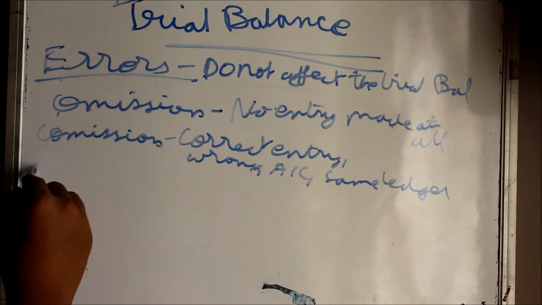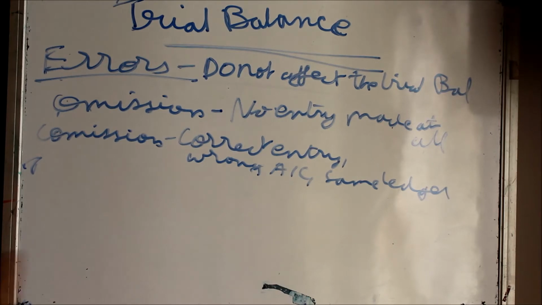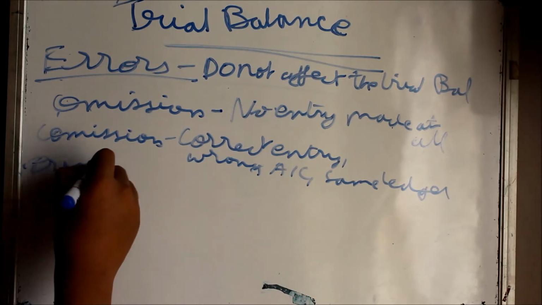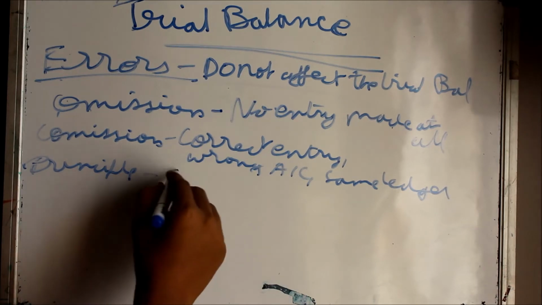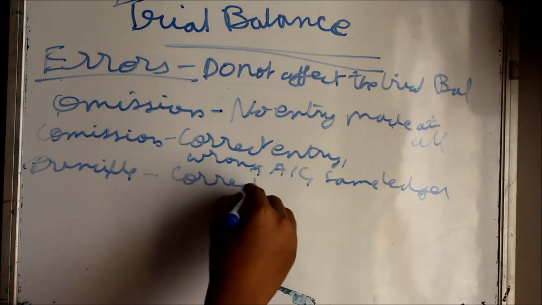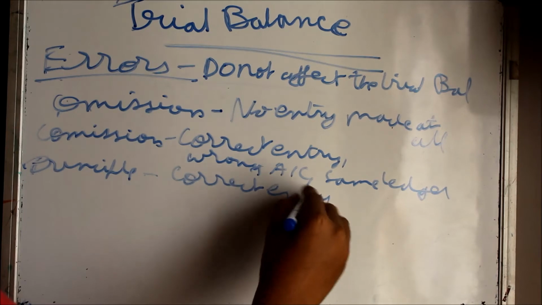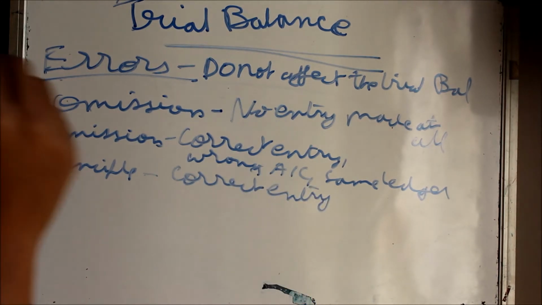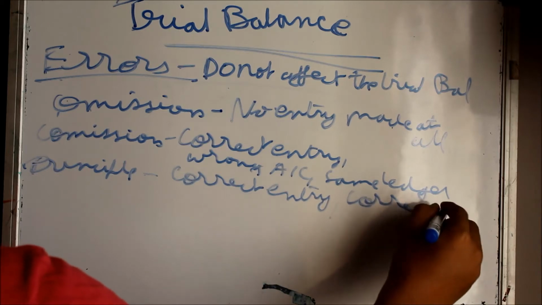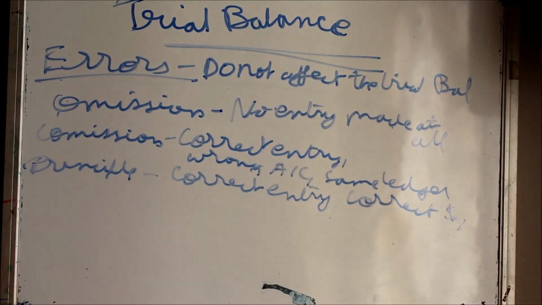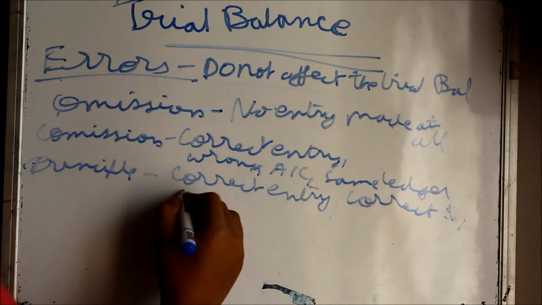Error of principle usually occurs when there is a correct entry and a correct amount also, but it's in the wrong type of account.